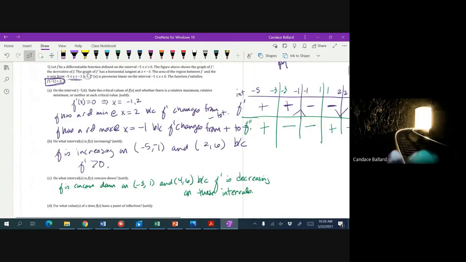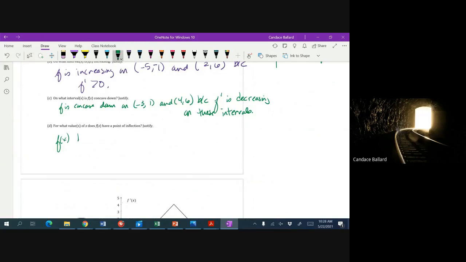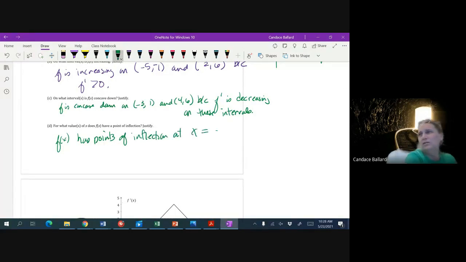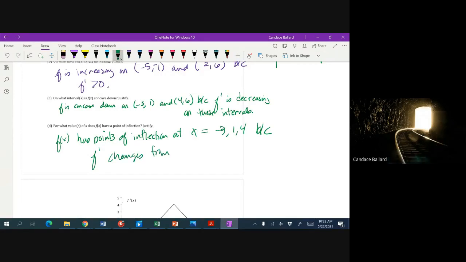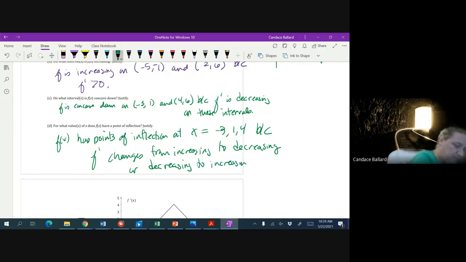So, F of X has points of inflection at X equals -3, 1, and 4 because F prime changes from increasing to decreasing, or decreasing to increasing, at these values.